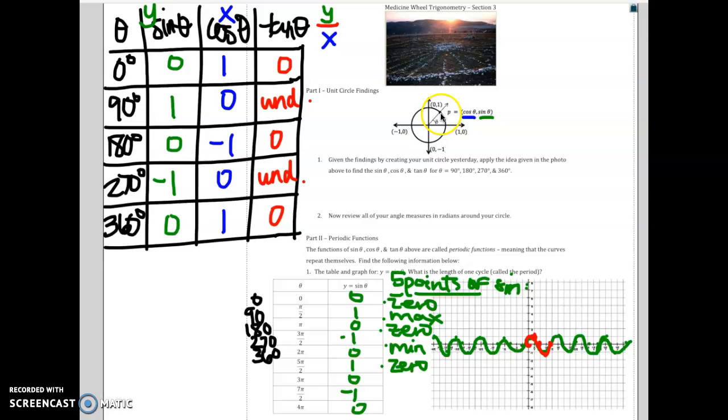for any point that's on the unit circle, this central angle that's created from the initial side to the terminal side, we're going to call theta.